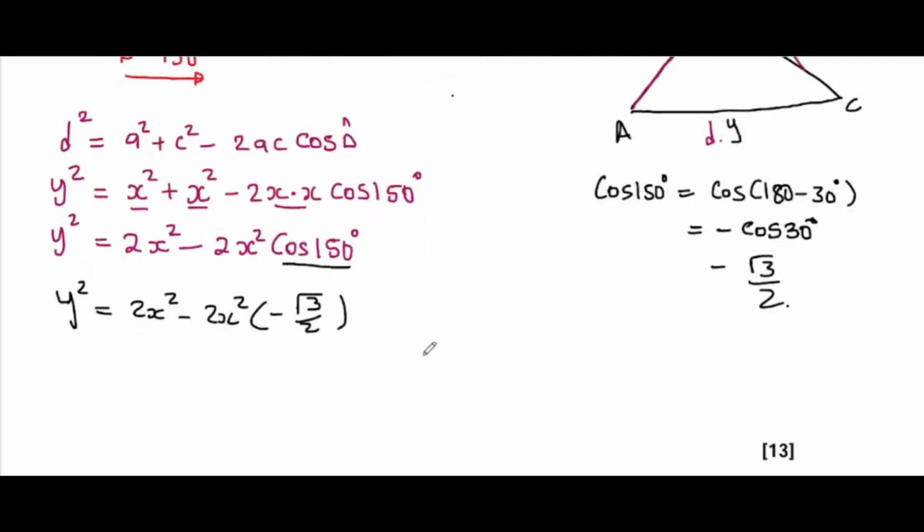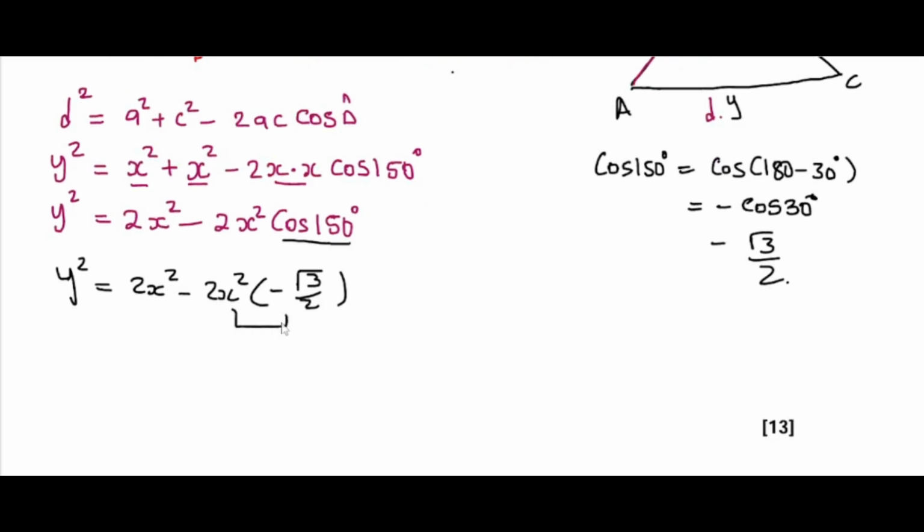So let's multiply out these two brackets. y squared equals 2x squared plus, you can see that the 2 will cancel, so this will be plus root 3 x squared, because the 2 cancels and a negative and a negative gives us positive.